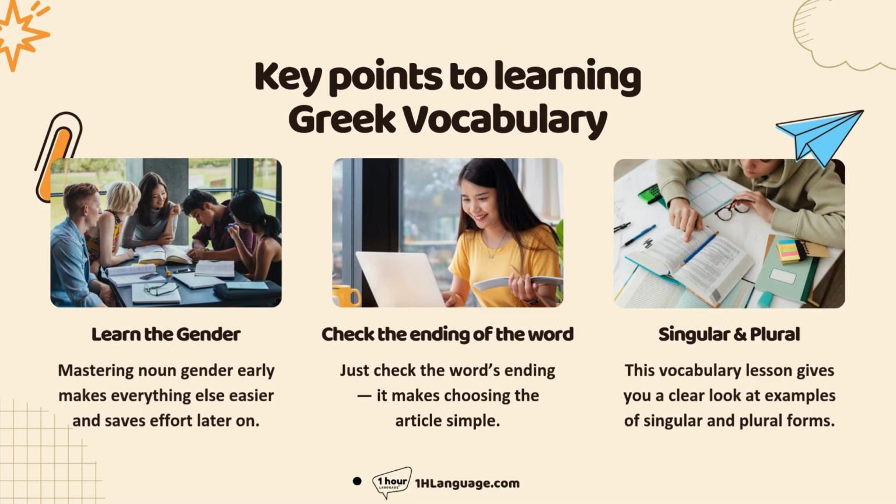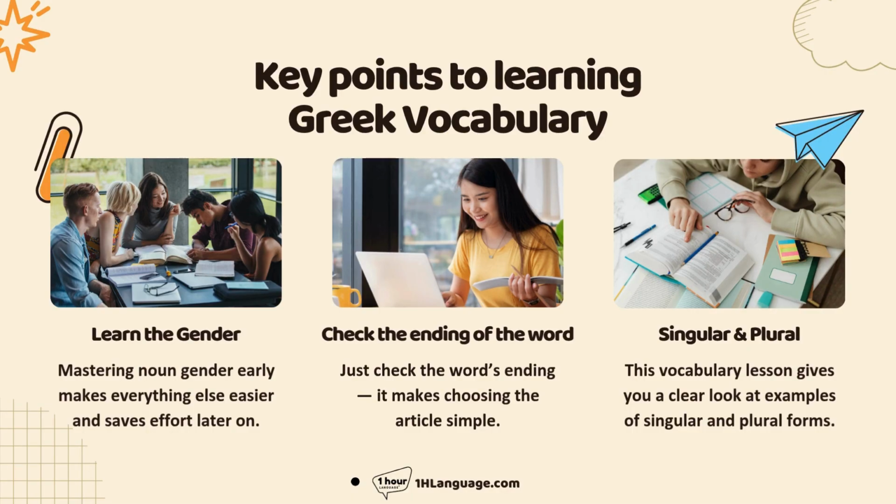Let's go over some key points for learning Greek vocabulary that will help you build a solid foundation. First, always check the ending of the word. In Greek, the ending tells you the gender almost every time. This is the key to choosing the right article. Second, once you recognize the gender from the ending, learn it along with the noun.